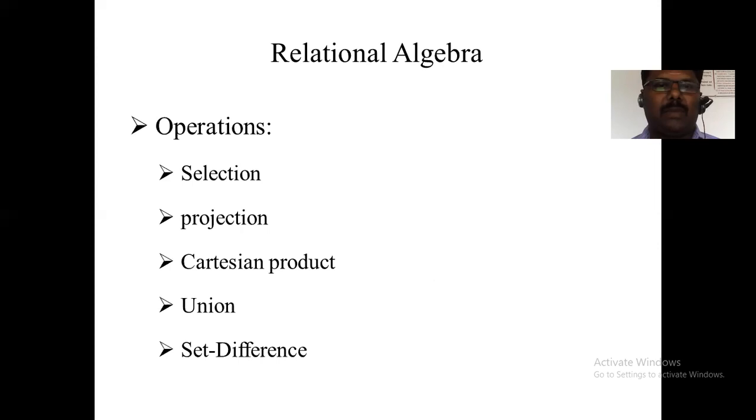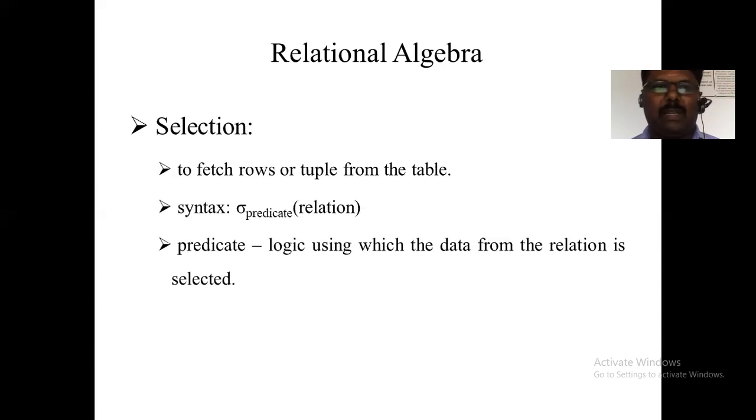Some of the relational algebra operations are selection, projection, Cartesian product, union, and set difference. We will first start with the selection operation. For the selection operation, we use sigma. The sigma operator fetches rows based on the predicate. The predicate is nothing but the condition, to fetch rows from the table.